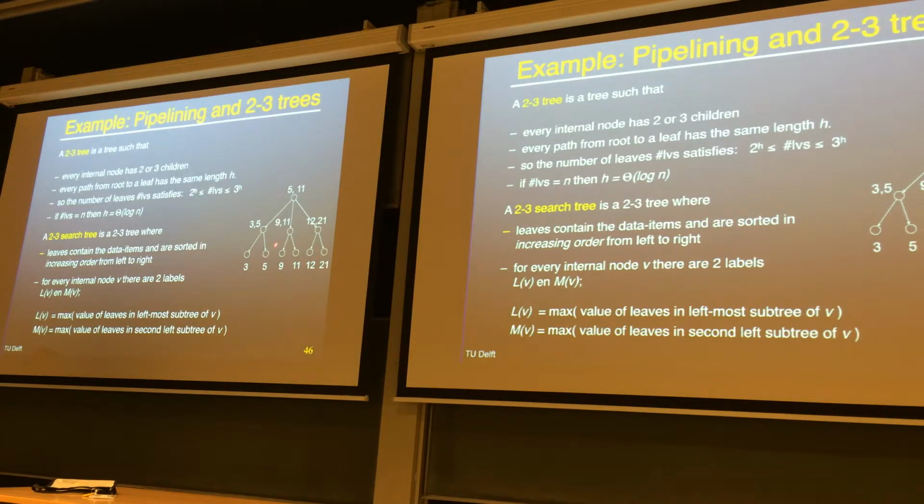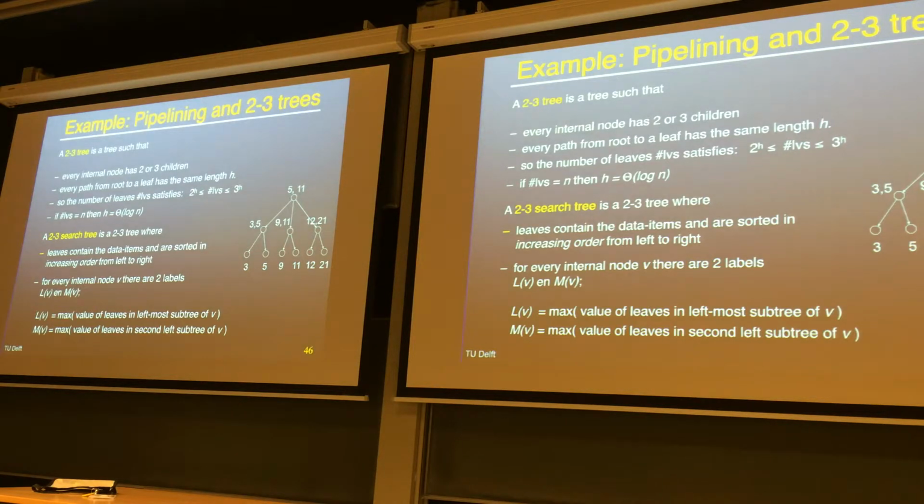Because here 11 is the largest element in the middle, and 5 is the largest element in the left. So, okay. Now the basic idea of inserting elements into 2-3 trees is that you would like to preserve the structure of the tree.